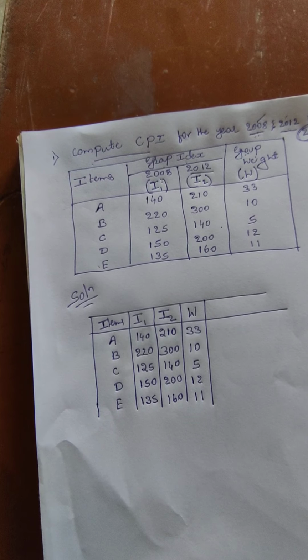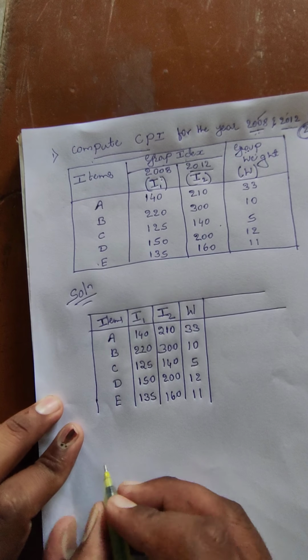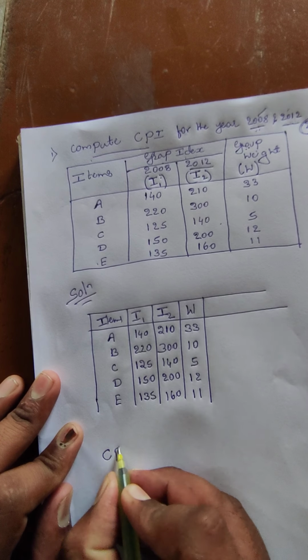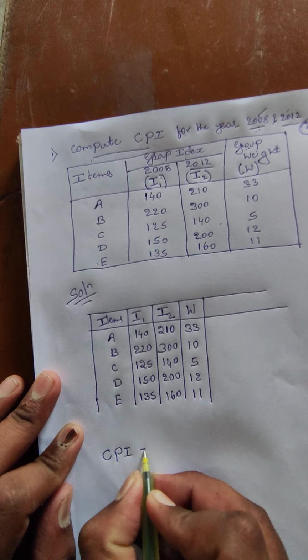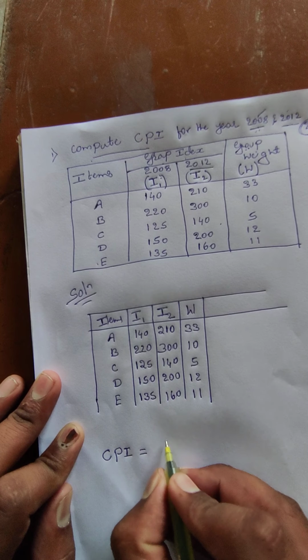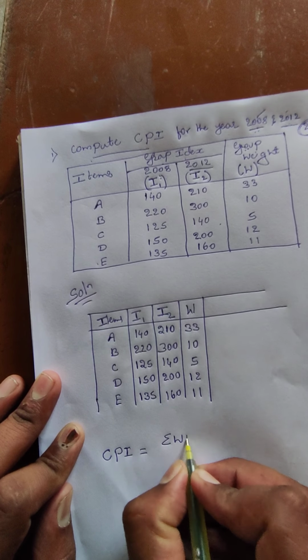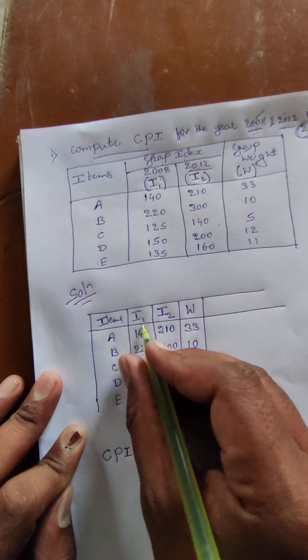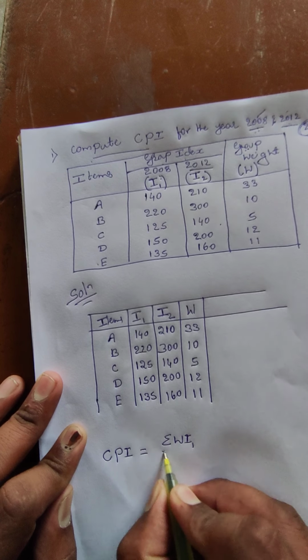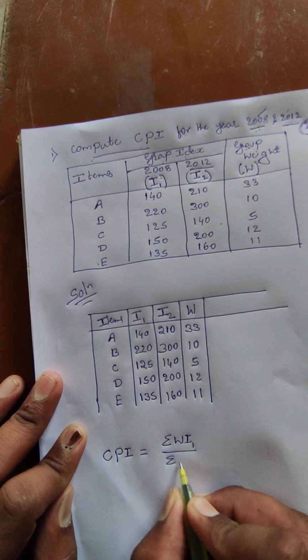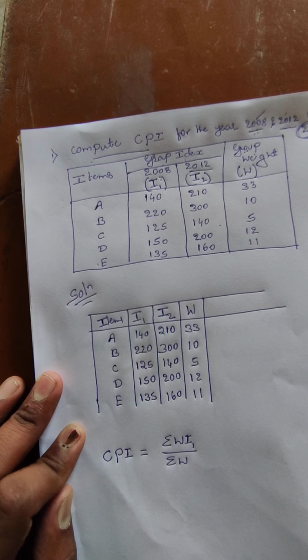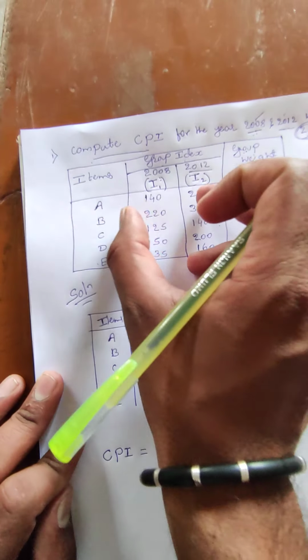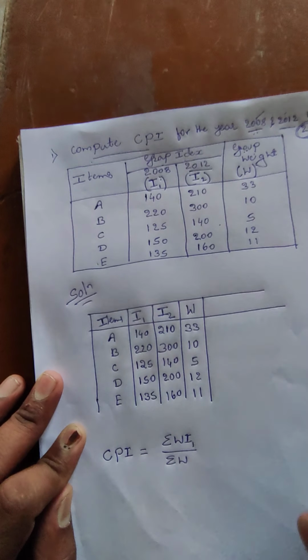Next we should apply the formula. First we apply it for the first year index. CPI is equal to the summation of WI1, the first year information, divided by the summation of W. This is the formula for the group index of the first year, 2008.